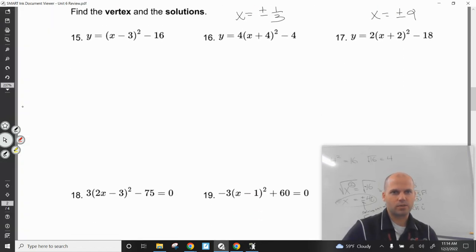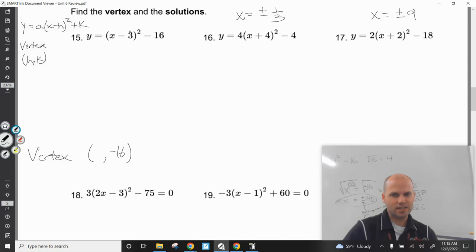Now, the next ones we remember from 2 units ago, vertex form. y equals a, x minus h squared plus k. The vertex is always going to be at h comma k. And it's always going to be like the opposite of what you think it will be for the x. So like the vertex for this one, the k is negative 16.